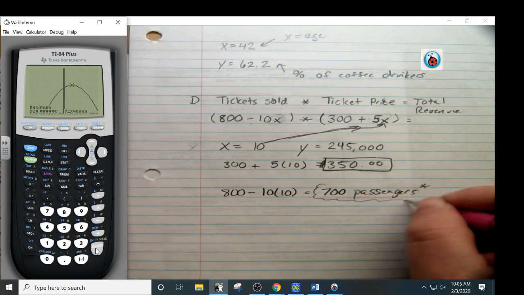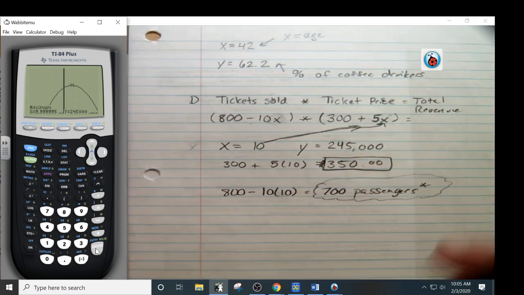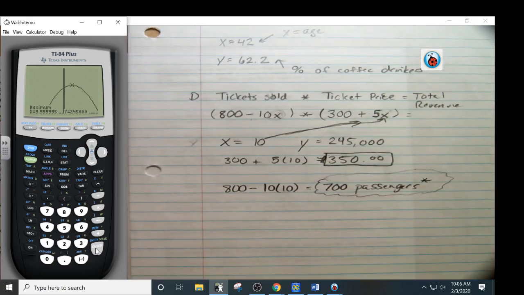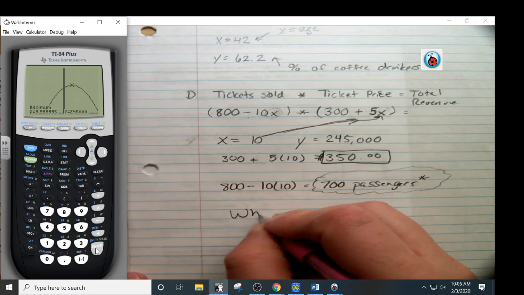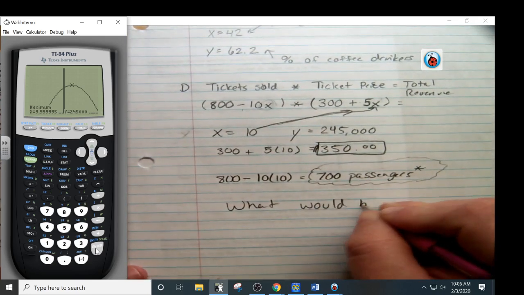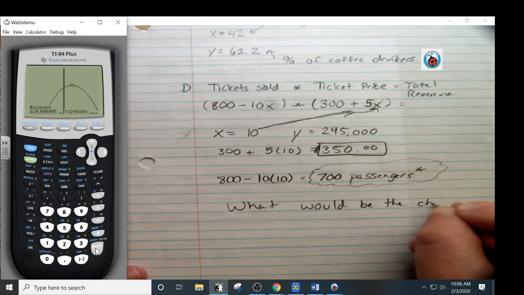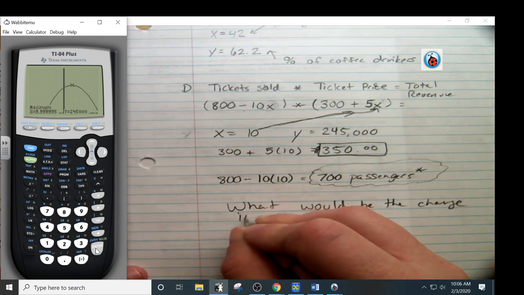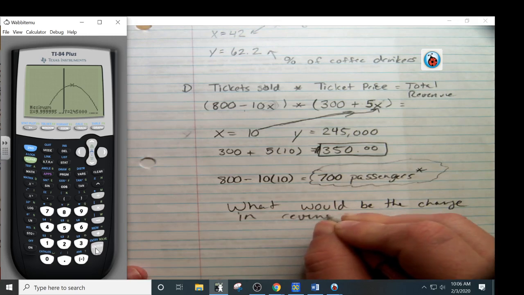So, guys, they asked for passengers. How many passengers are going to be riding then? It'll be 700. Okay. Now, what if they ask you what would be the change in revenue?